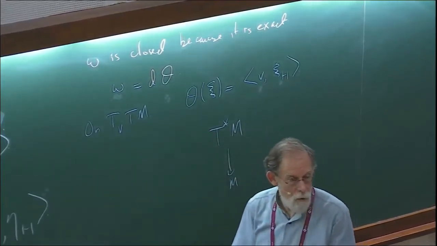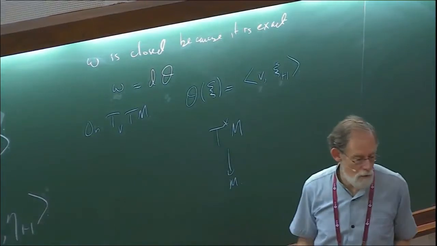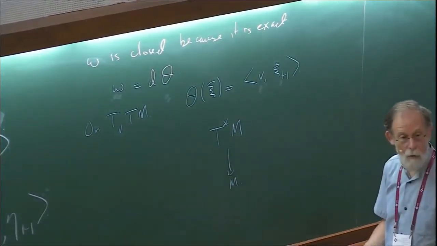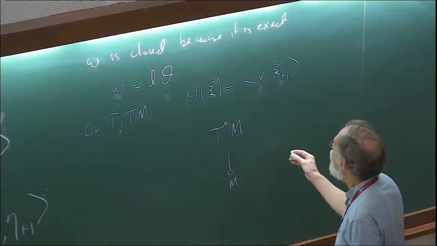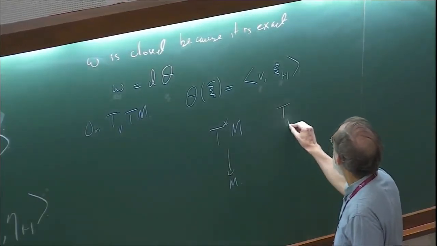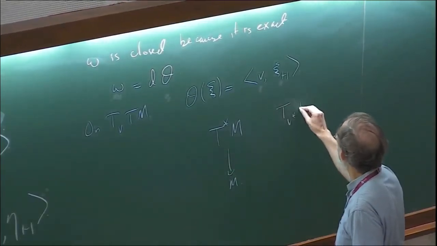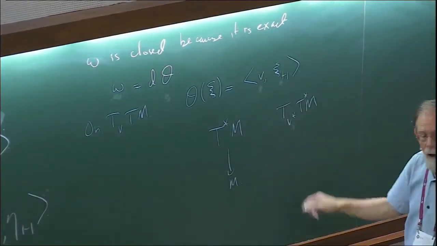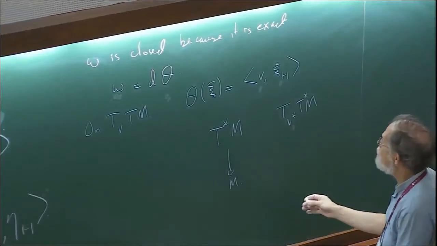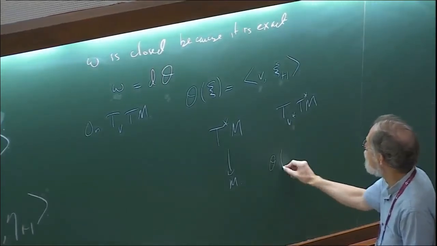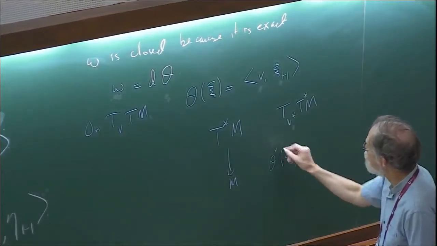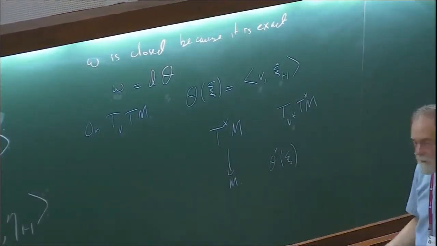And there is a canonical one form on the cotangent bundle. And it's really canonical. If I look at the tangent space to the cotangent bundle at a V star and do the same kind of thing, I look at theta of xi, maybe this is theta star because it's the cotangent bundle.